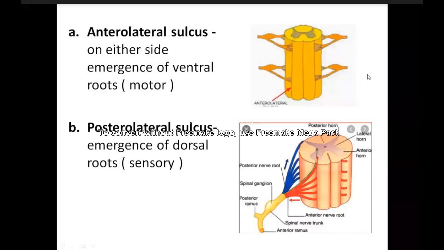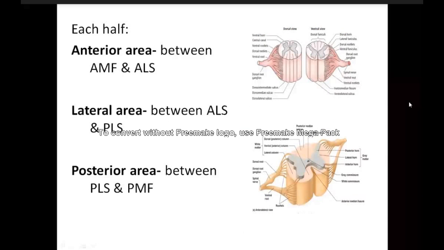Now, each half of the spinal cord is divided externally into three areas. First is the anterior area, which lies between the anterior median fissure and the anterolateral sulcus.